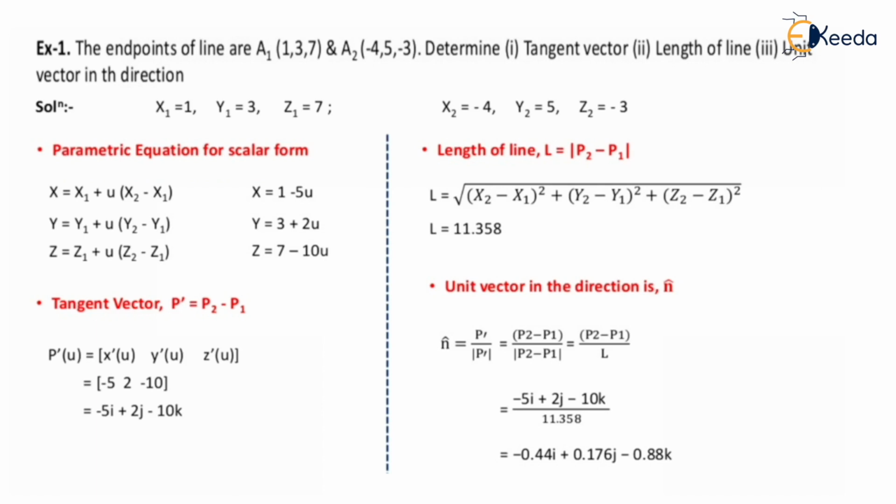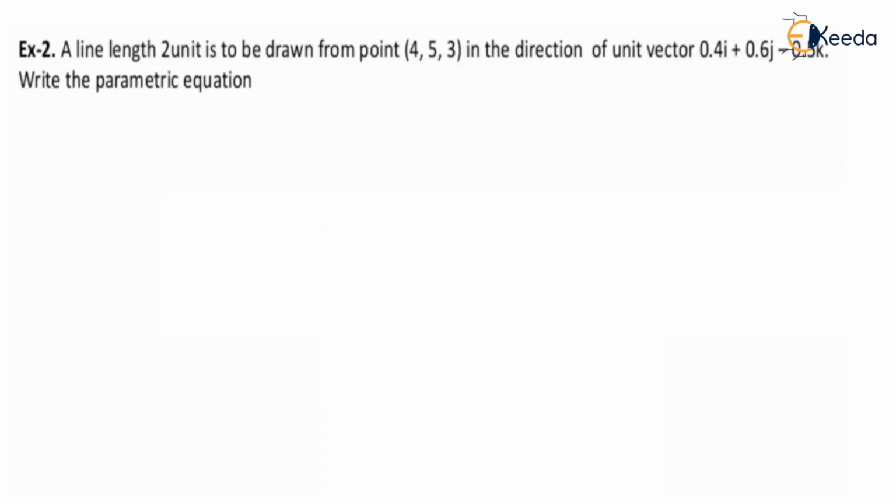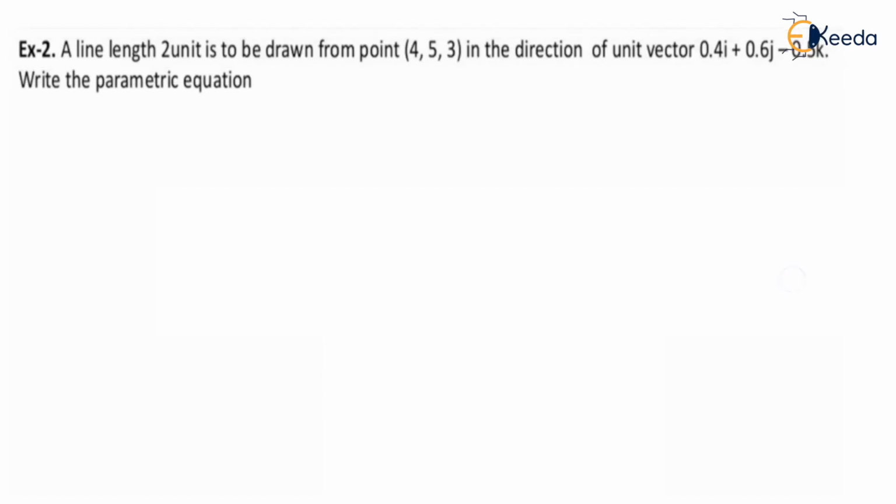Hope you understand this first example. Let's start with the next example. A line of length 20 units is drawn from the point (4, 5, 3) in the direction of the unit vector 0.4i + 0.6j - 0.5k. Write the parametric equation.